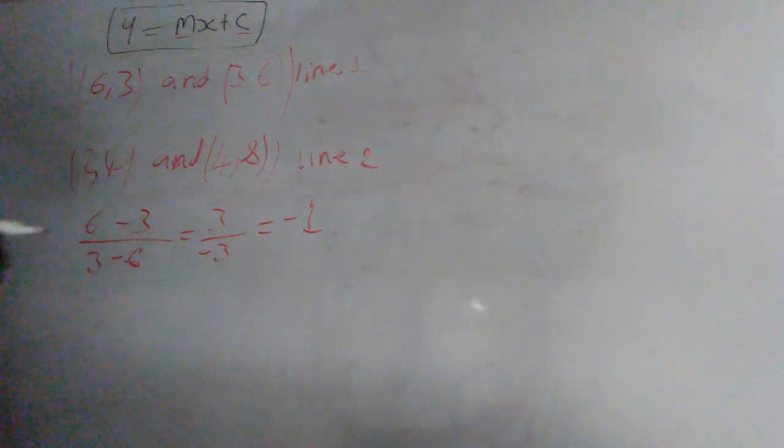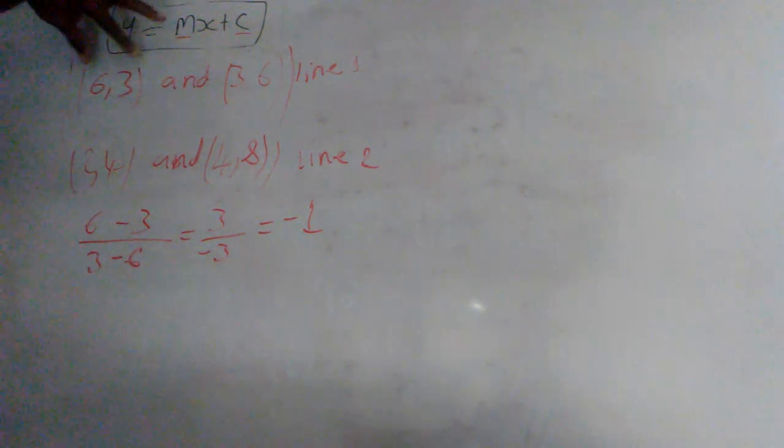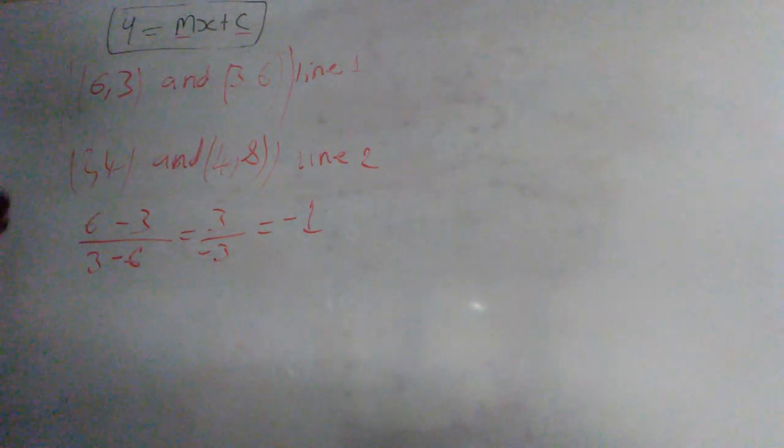So now we have the gradient negative 1. I can use any one of these coordinates along with the gradient to find the c value.